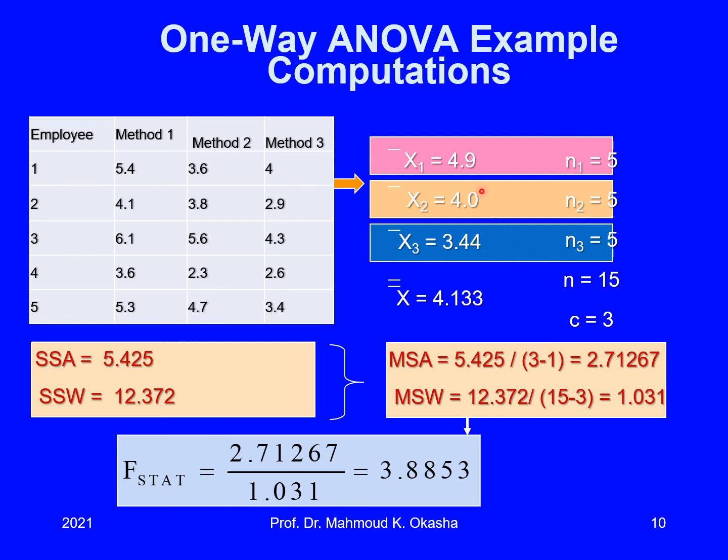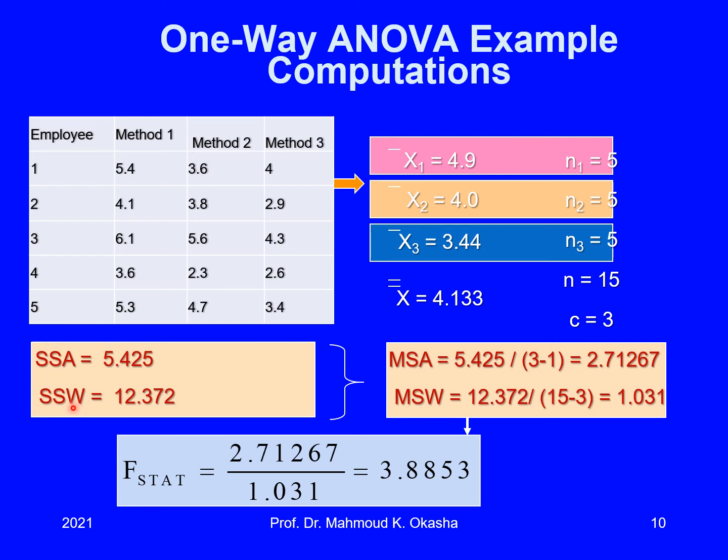So we have calculated the group means and the overall mean, right? And you need to calculate the SSA and SSW as in the previous example. That's in the Excel sheet. We got them like that. Then from that, we divide the SSA by c minus 1, which is 3 minus 1, and we get MSA.